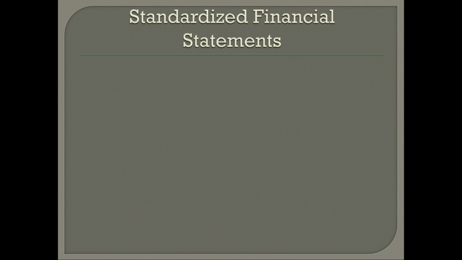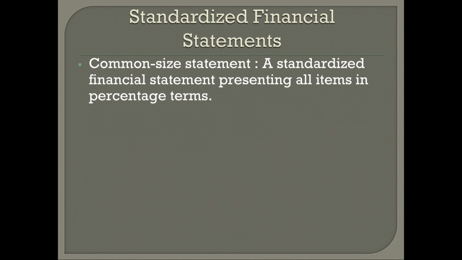So for example, let's say you were trying to evaluate the financial health of Pizza Hut versus Avalanche Pizza down here in Athens. Very difficult, different size, different cost structures. So what is one way that I can actually evaluate two companies of these different sizes? The one way that we can do so is by standardizing their financial statements.